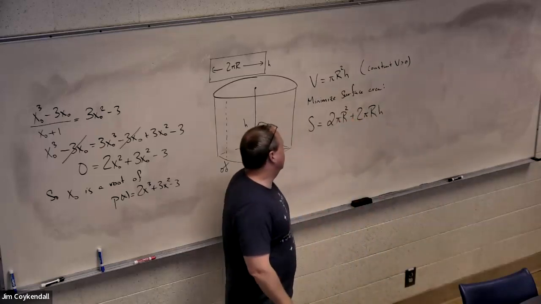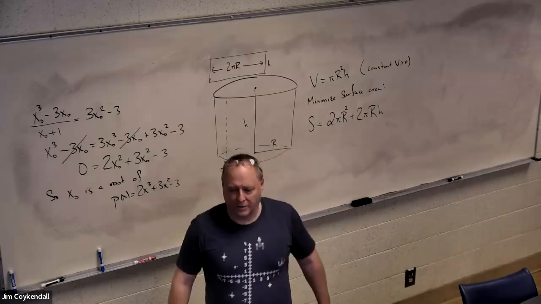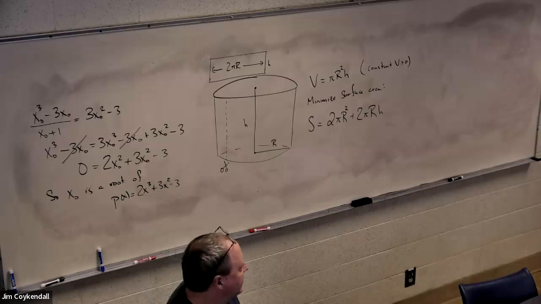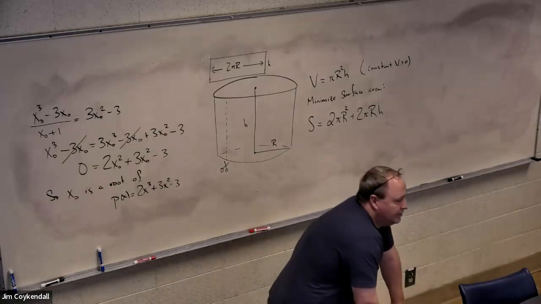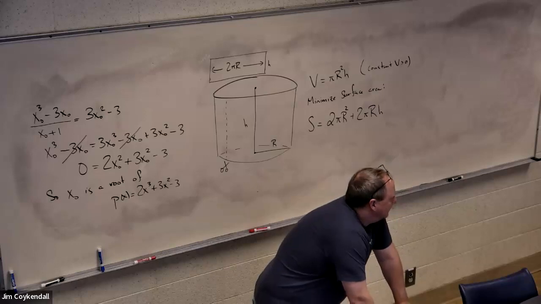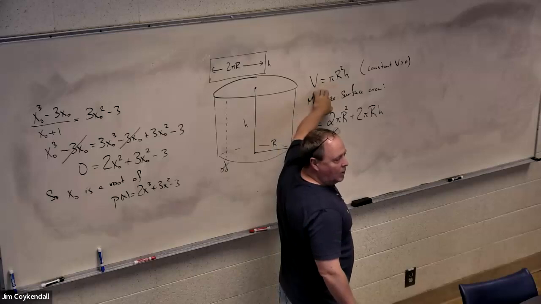Now I've got a choice here. So what problem do I have at this juncture? Too many variables. You've got to overcome them. What am I going to use to get rid of one of those variables? We've got this fixed volume. What would you rather do?